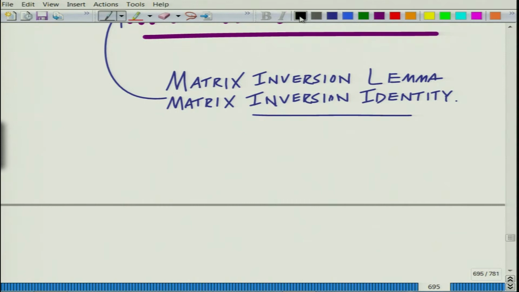Okay, let us first state it, then try to understand its application, then also prove it.